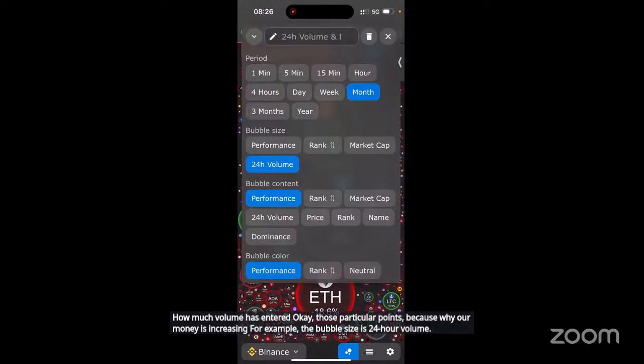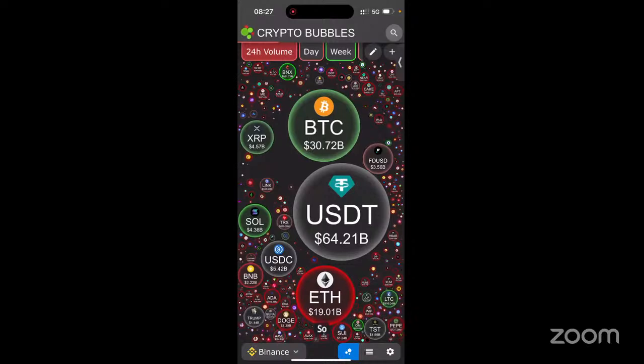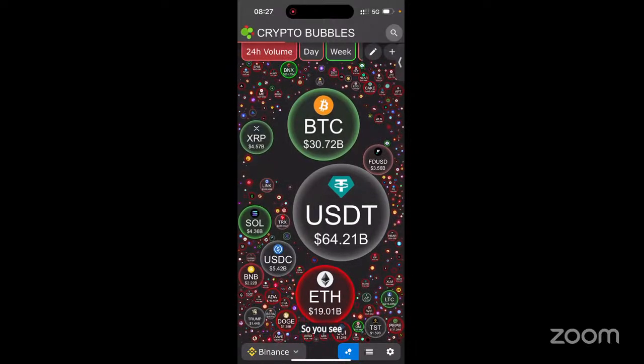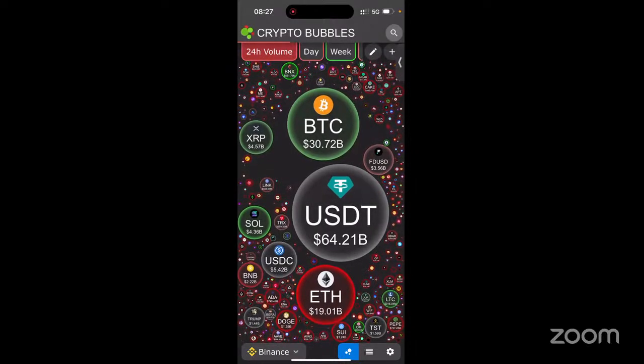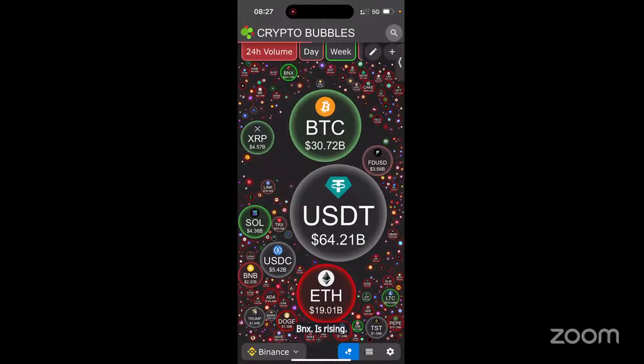But we can also go to the bubble content: how much volume has entered a particular coin? So you see, the reason why BNX is rising is that billions are entering the market.